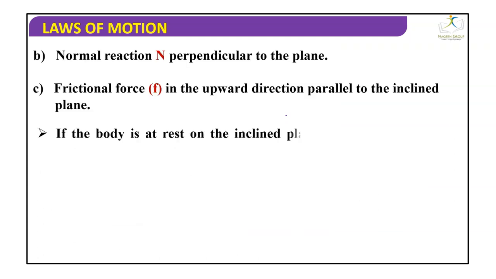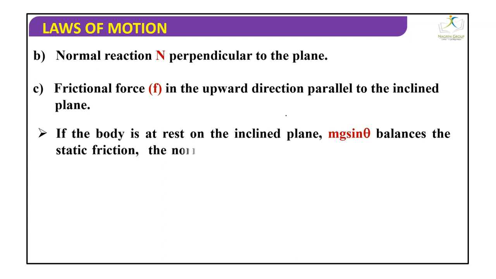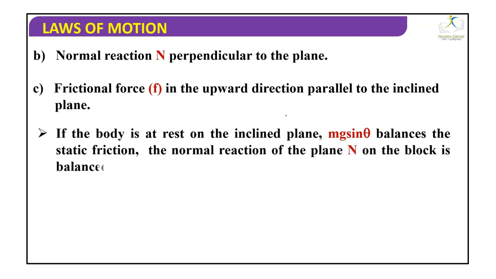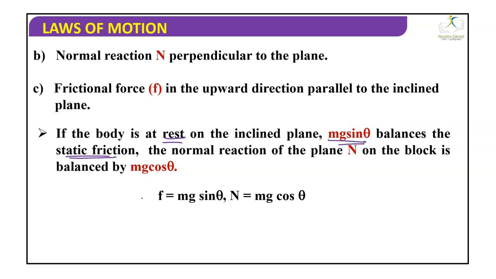Now the normal reaction N is perpendicular to the plane, and the frictional force F is in the upward direction, parallel to the inclined plane. If the body is at rest, mg sin theta is balanced by the static friction, so F equals mg sin theta, and the normal is balanced by mg cos theta.